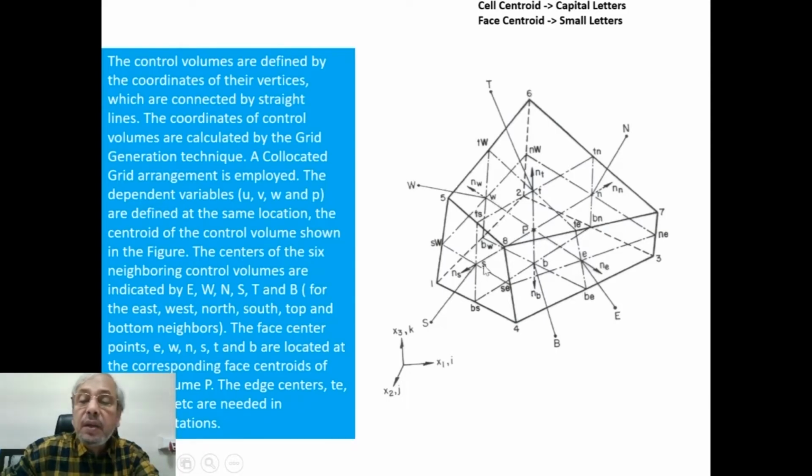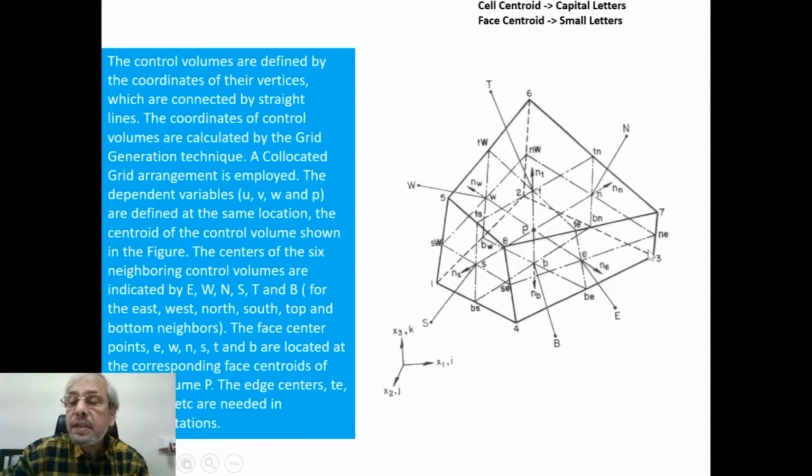Similarly, lowercase n, lowercase s, lowercase t and lowercase b are located at the corresponding face centroids of the control volume of P. The edge centers, if you consider this as one edge or this side as one edge, are also called, for example, here it is TE, and this center is given by BE.